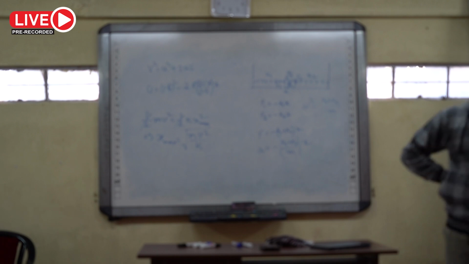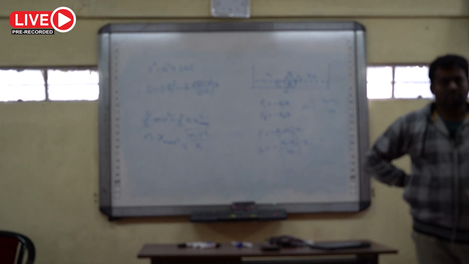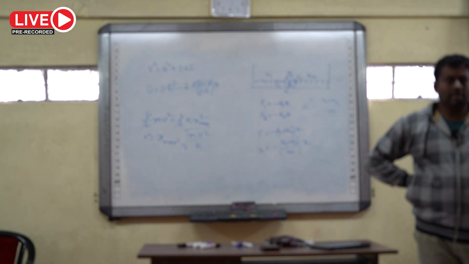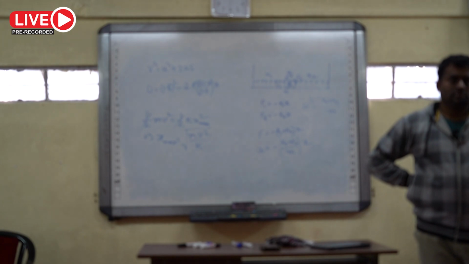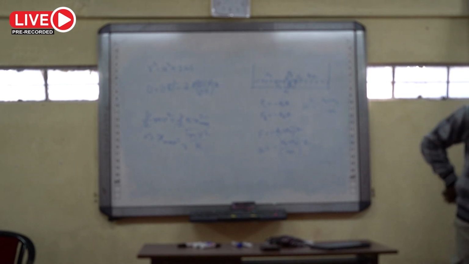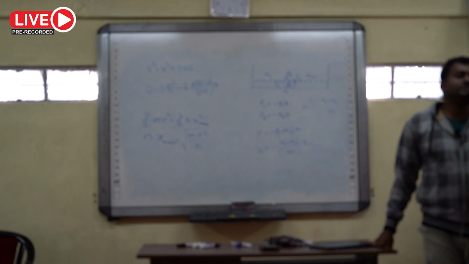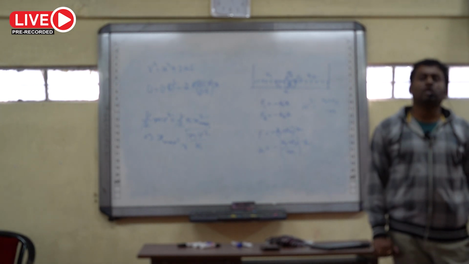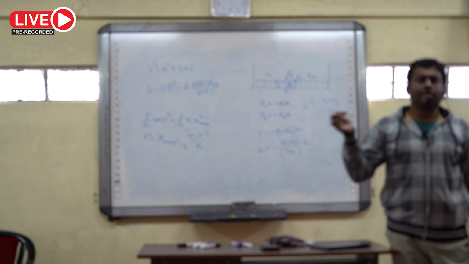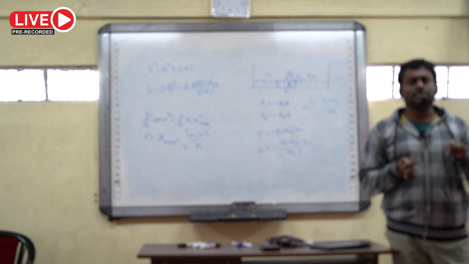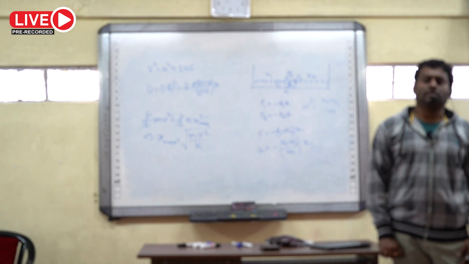If they superpose on a particle, then the trajectory of the particle will be what? See, this means that the two SHMs are perpendicular to each other. One is moving along the x-axis, another is moving along the y-axis. If two perpendicular SHMs superpose, what will be the resulting motion?